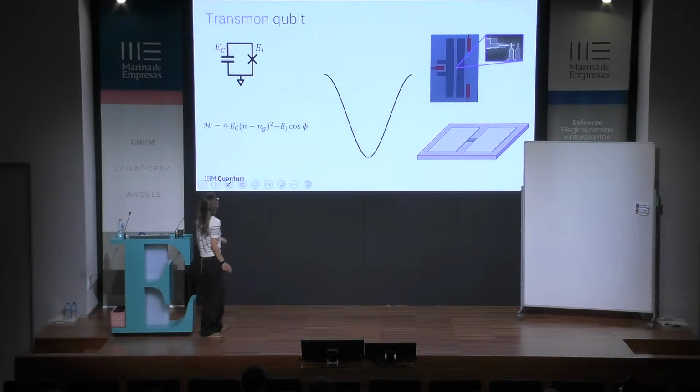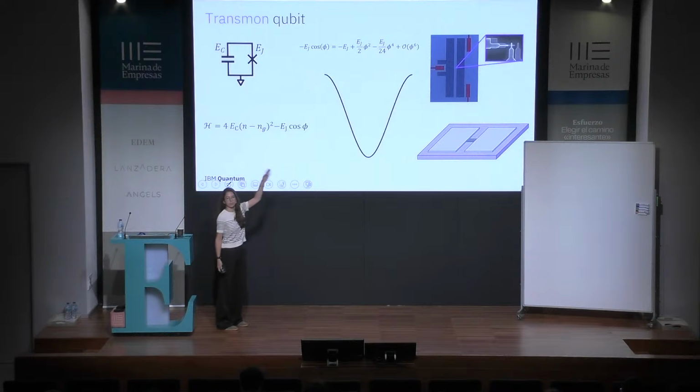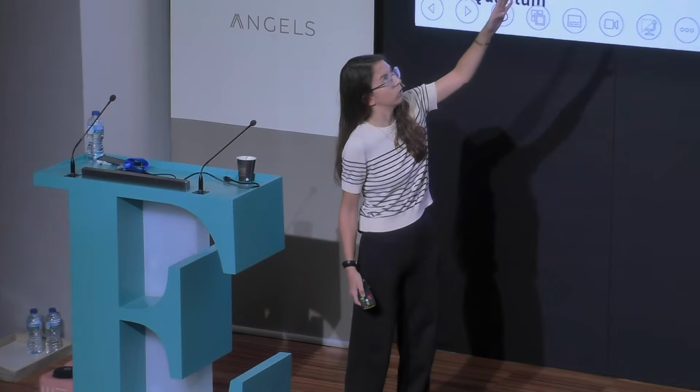What do we have? We end up having the same Hamiltonian as before with the capacitive part, and then we have this cosine term that comes from the inductance. Now, instead of having a perfect parabola, we have this cosinusoidal shape, and I'm showing only one period of it. You can go and expand your cosine as its Taylor series, and it's actually quite parabolic close to 0.